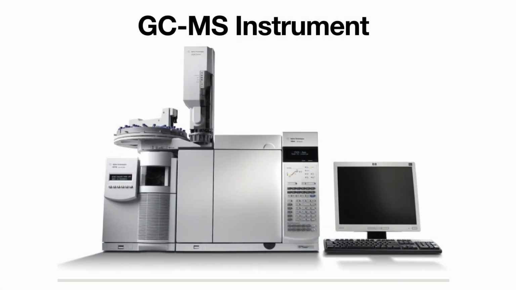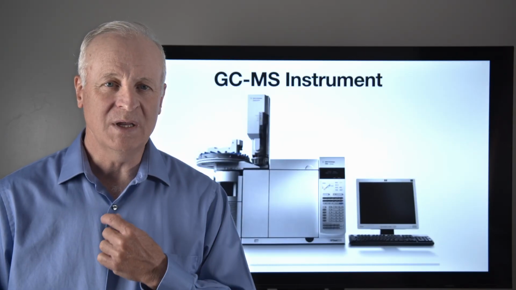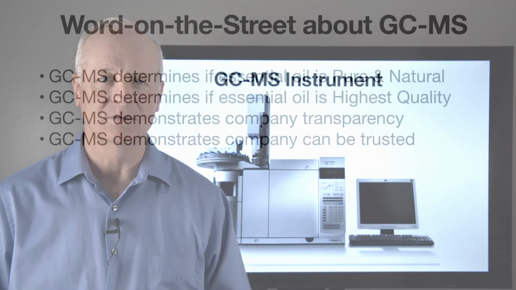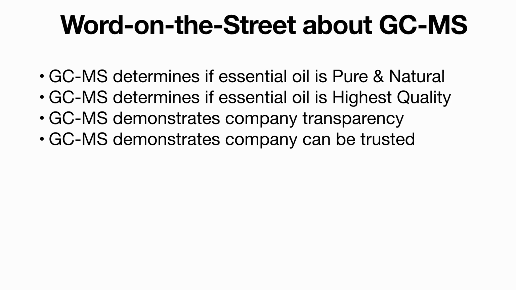Now let's look at the GCMS. This GCMS instrument provides me, the analytical chemist, a lot of important information about the essential oil. Now you need to be aware that the word on the street about GCMS is not always true. Let's look at some of the things that are being said about GCMS.